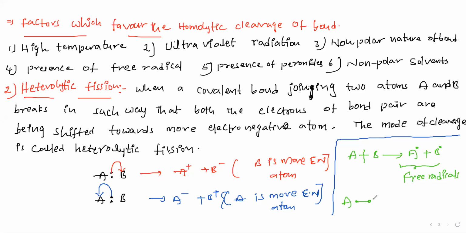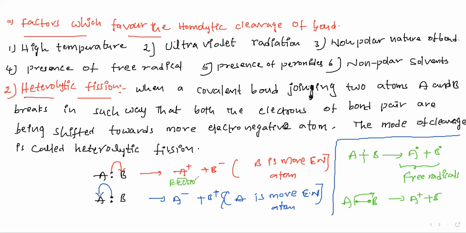In heterolytic fission, if B is more electronegative than A, then what will happen? B can gain the electrons from A. A will become positive and B will become negative. So this A we are calling an electrophile.